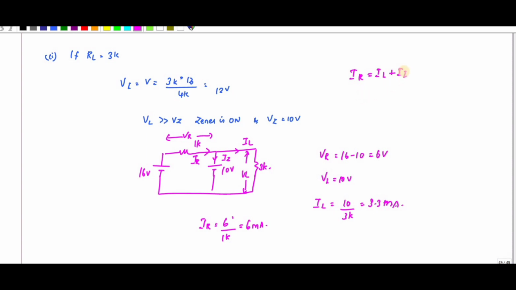So what is the value of IZ now? IZ is equal to IR minus IL. So 6 minus 3.333 milliamps, that is nothing but 2.67. Okay. This is your IZ.